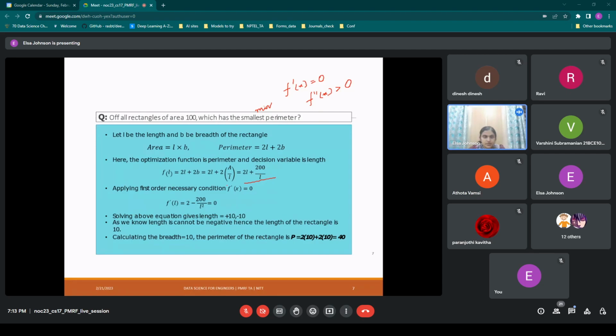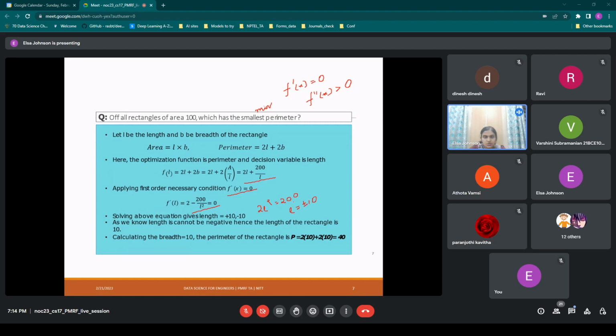Okay. So applying the first order necessary condition, f dash of L is equal to 2 minus 200 by L square equal to 0. If you solve the above equation, it will be coming like 2L square equal to 200, then L equal to plus or minus 10.